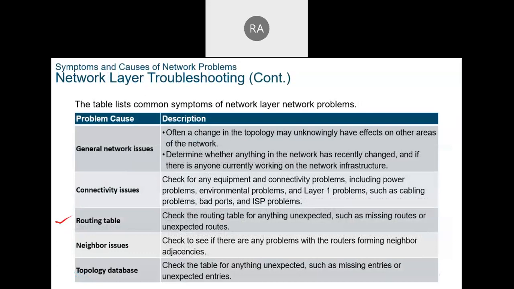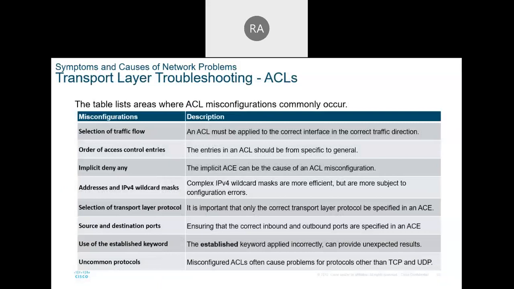Who's my neighbor that is supposed to take me to that destination? Can I even see that neighbor? I can go through my show CDP neighbor detail to check if I can see the neighbor. Do I have connectivity to the service provider? If it is an internet issue, these are things that I may have to look into. So when you are troubleshooting layer 3, a lot of things are to be considered, especially routers and IP addresses.